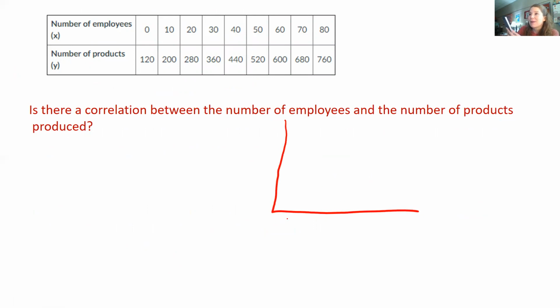I would count my x-axis by tens all the way up to 80. I would probably count by hundreds over here on my y-axis all the way up to 800. I would plot all these points. So if I hadn't shown you how to use your calculator, this would probably be the way you would want to do this, right? Plot those points. But like I said, we can just use our data button.